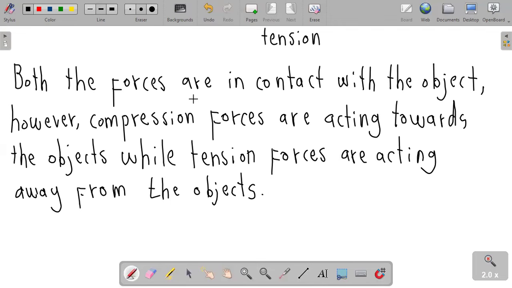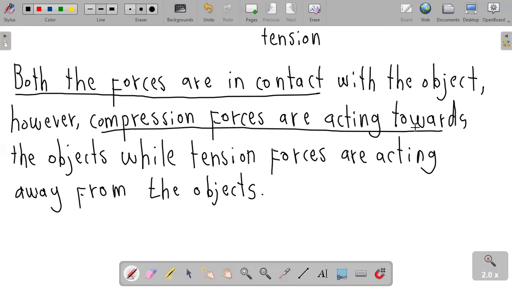So both forces are in contact with the object. Compression forces are acting towards, and then tension forces are acting away from the object.